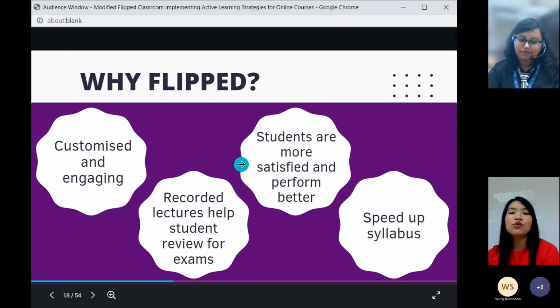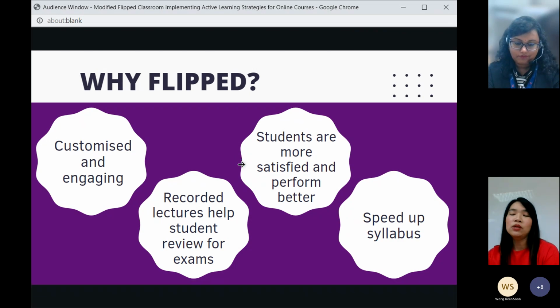Number 4, it helps to speed up syllabus as well. Okay, this one you are probably wondering, how can flip classroom method speed up syllabus? Okay, this is an example that I got from Miss Shamini. She used this to speed up her syllabus in one of her classes. So for example, in English, we have 12 tenses.